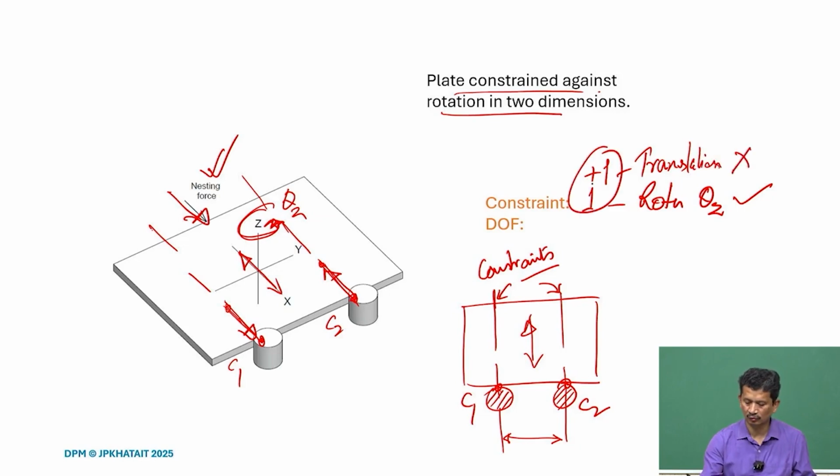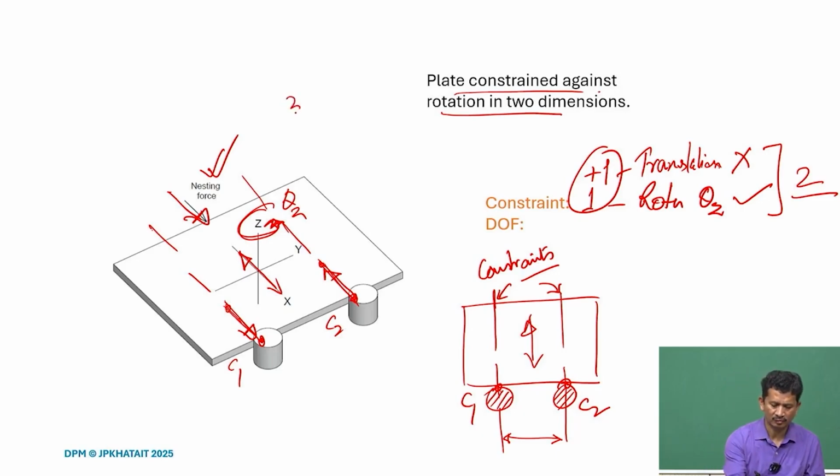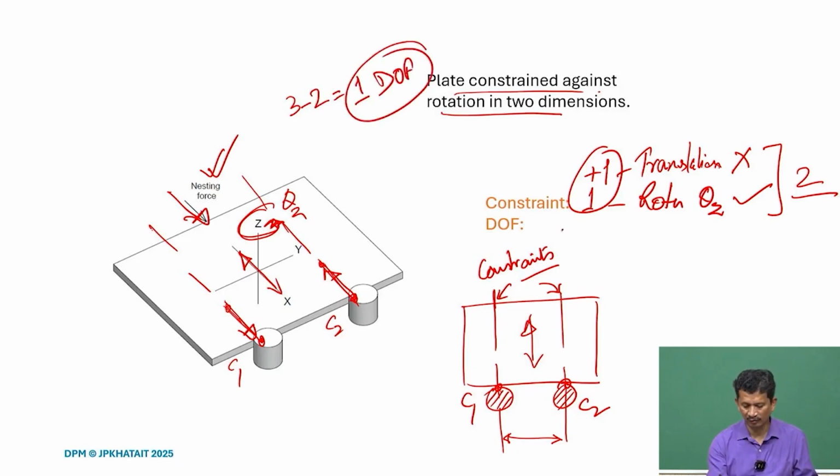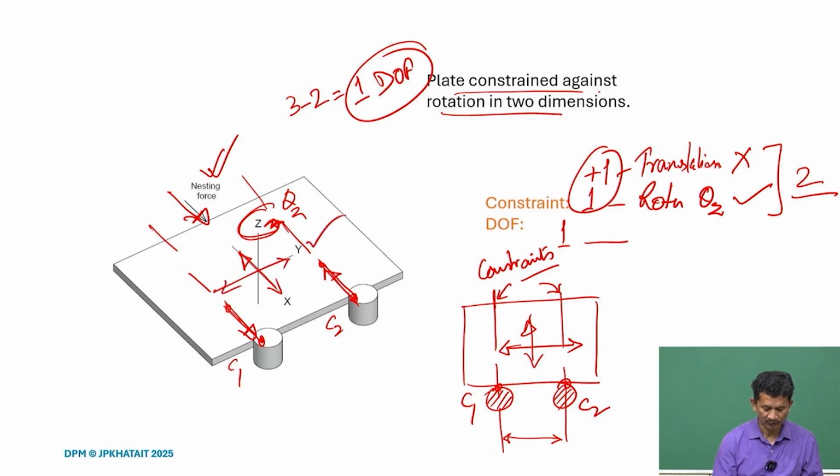So, total 2 constraints, and if we go by the similar analogy, there are 3 degrees of freedom in the planar case. So, 3 minus 2, so there will be 1 DOF. What is that? If we try to move in the y direction, there is no constraint provided along this direction, so it is possible to move in y direction.